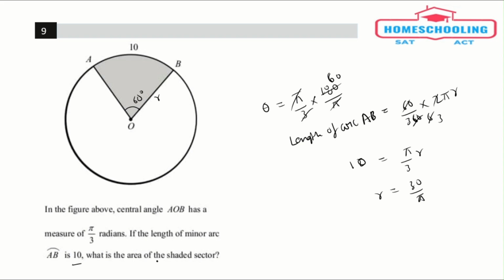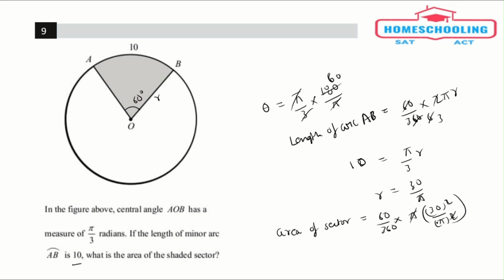Now what is the area of shaded region? So area of sector is equal to theta by 360, that is 60 by 360 into pi r square. So r is 30 by pi, squared.